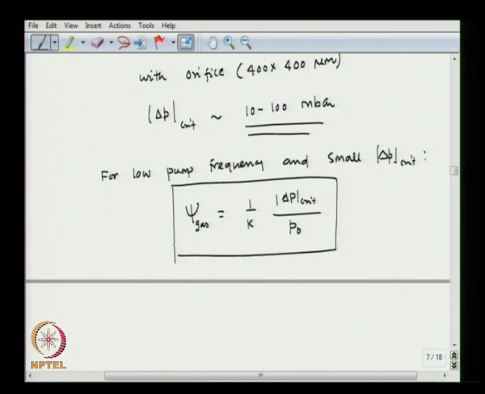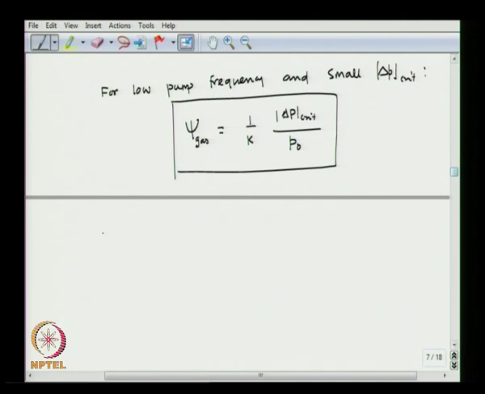Now, for liquid we also have an expression for the compression ratio.